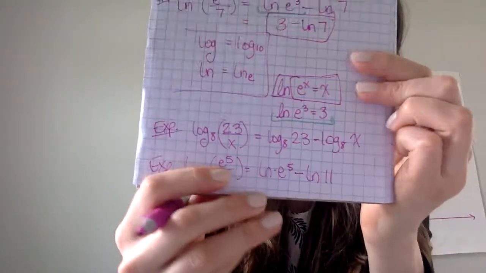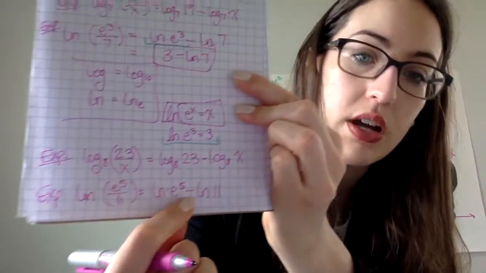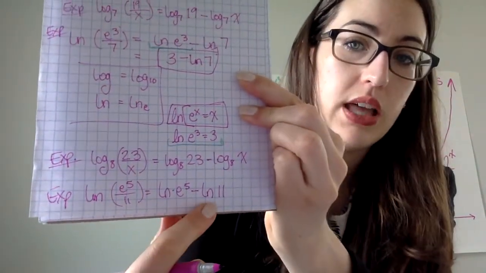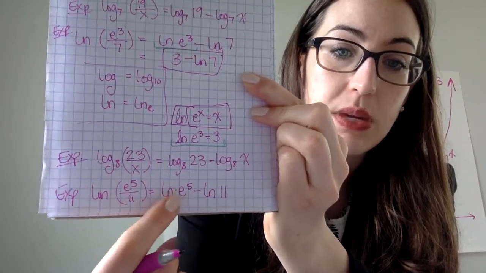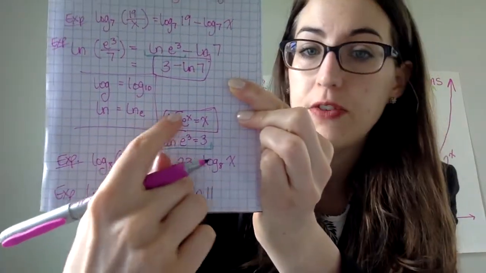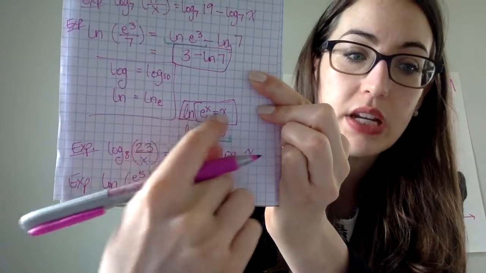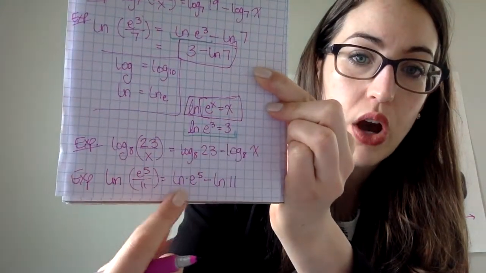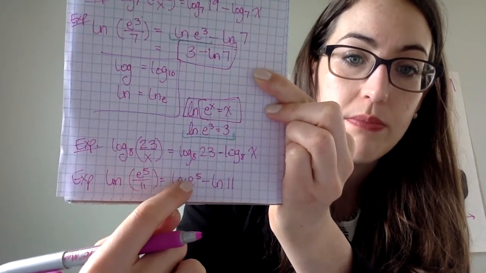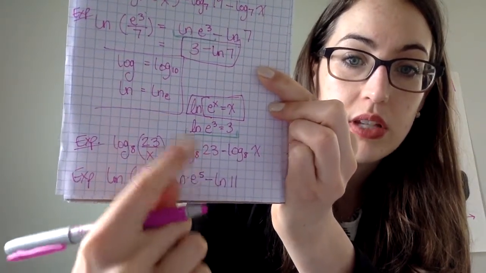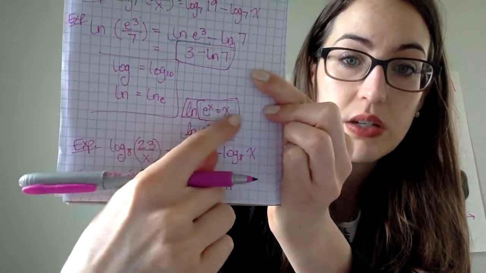Okay. Now, we've expanded it, natural log e to the 5th minus natural log 11. Can we simplify either of those? Yes, we can. This one right here fits into the natural log rule from a while ago. Natural log e to the x equals x.